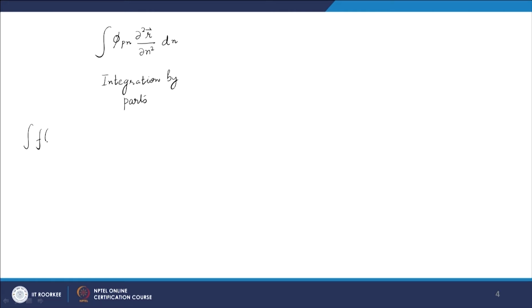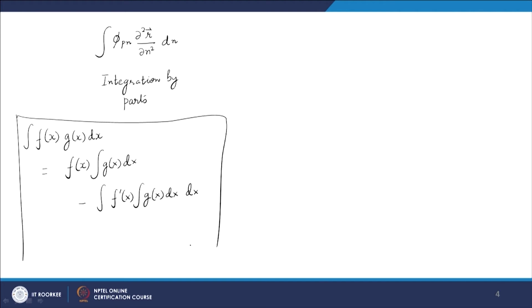if we have a product of two functions integrated over the variable x. This is equal to f of x integral of g of x dx minus integral of f prime of x g of x dx integral of dx.